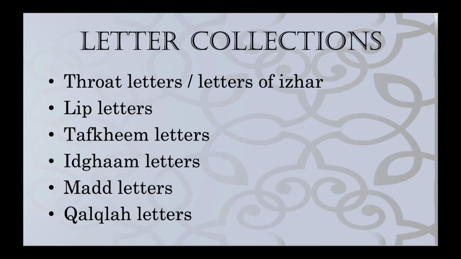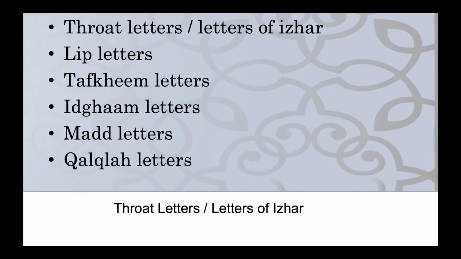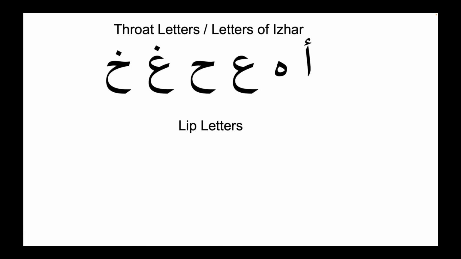Let's go ahead and continue to memorize and keep continuing to remember our letter collections. These are the letter collections that we've been memorizing: throat, lip, tafkhim, idgham, mad, and qalqala letters. So what were the throat letters? They are Hamza, Ha, Ain, Ha, Ghain, Kha.